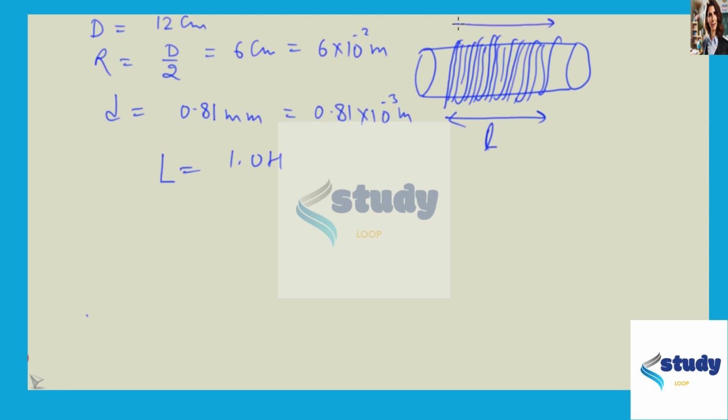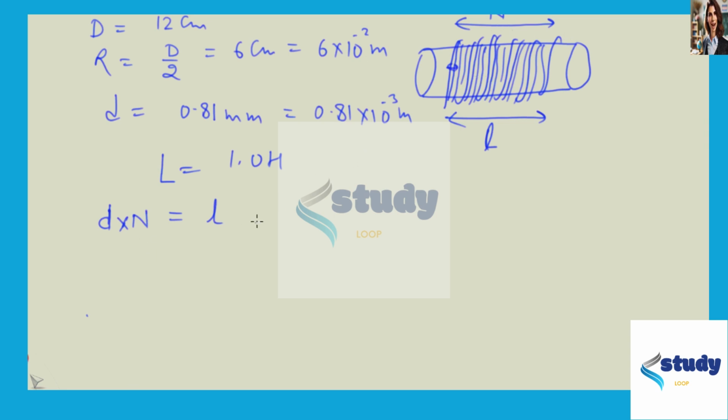If we multiply the total turns N with the diameter d, it will come out equal to the length of the solenoid, as d is the distance occupied by one turn, meaning the thickness of the wire, and N is the total number of turns.